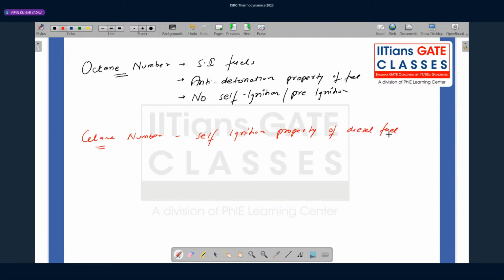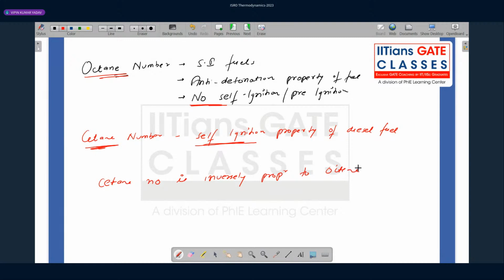Okay, CI engine fuels. So basically, they are kind of opposite. Higher octane number means no self-ignition. Higher cetane number means high self-ignition possibility. So cetane number is inversely proportional to octane number.